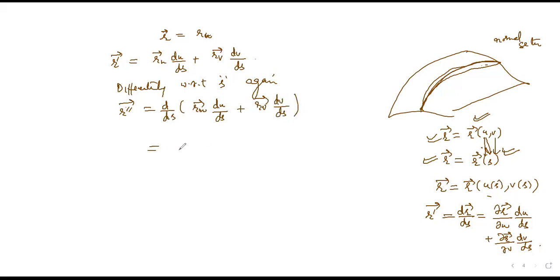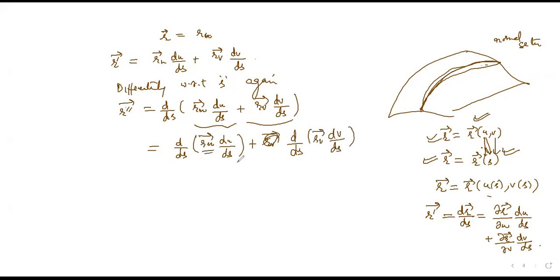Now, of course, applying the chain rule again. So what should it be? According to the chain rule, first we can separate this, that is, we can write it as d by ds of r sub u du by ds plus d by ds of r sub v dv by ds.